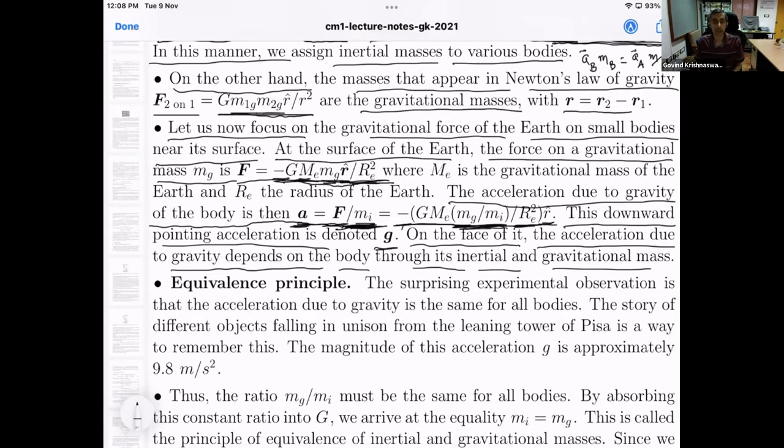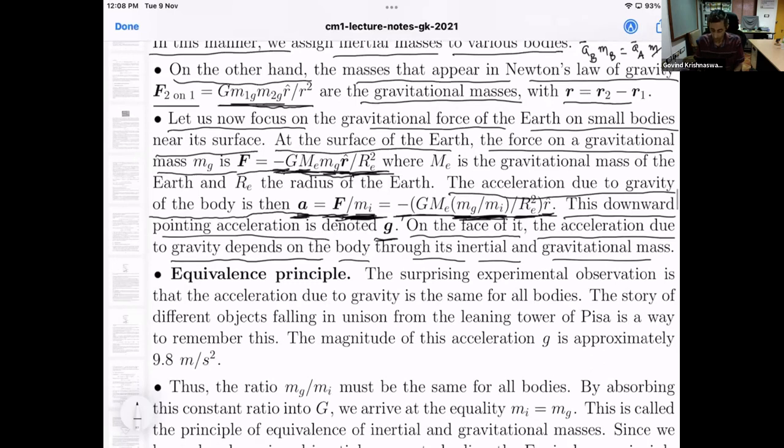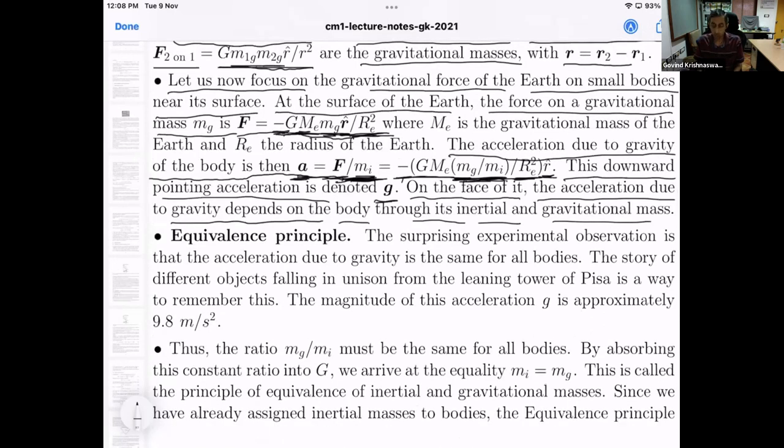Now comes Galileo's observation. The discussion that follows constitutes what is called the equivalence principle. But let me first begin by stating the experimental observation. The surprising experimental observation, which many of you may be aware of, is that the acceleration due to gravity is the same for all bodies. We just said that the acceleration due to gravity depends on the gravitational mass as well as inertial mass of the body.